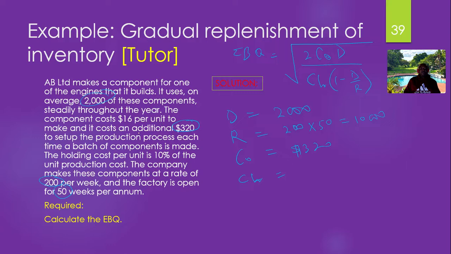The holding cost per unit is 10% of the unit production cost. The unit production cost, we are told, is $16. So the cost of holding this unit is 10% of its manufacture price. That's 10% of 16, which becomes $1.60.